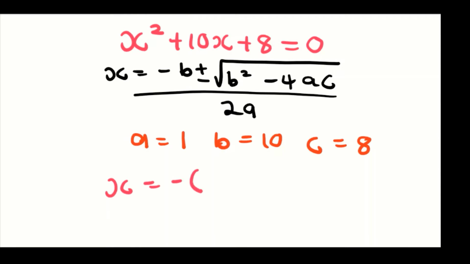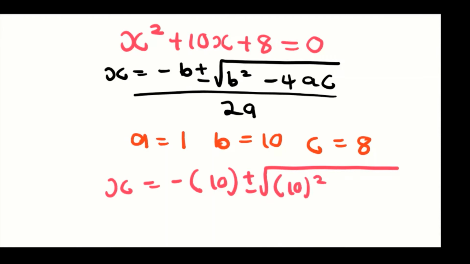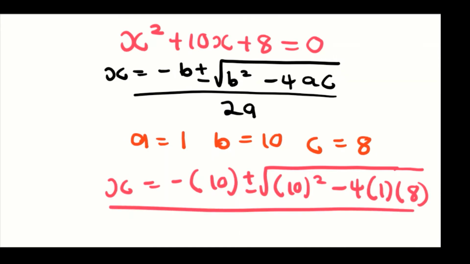Then you have x being equal to minus 10 plus or minus the root of b squared, which is 10 squared, minus 4 times our a value being 1 and our c value being 8, and then we divide by 2 times 1.